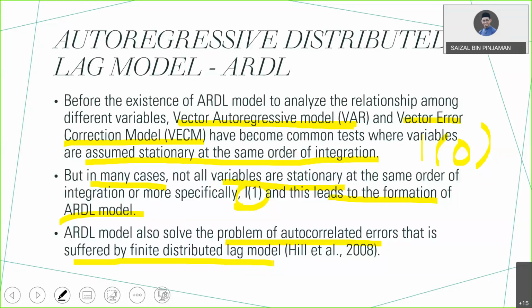And keep in mind that the estimates of this ARDL model for the long-run coefficients are also consistent whether the regressors are all I(0), or stationary at level, stationary at the first difference, or a mixture of the two situations, stationary at level and stationary at the first difference variables.